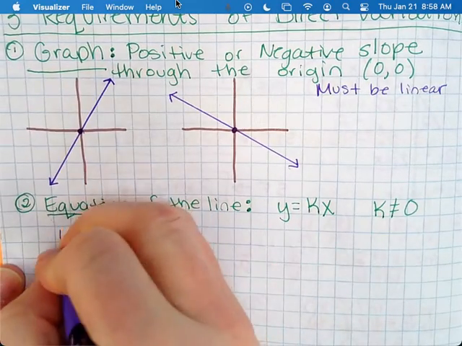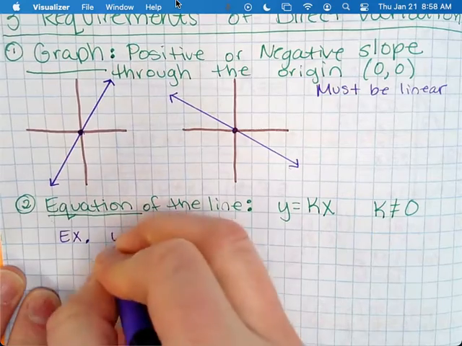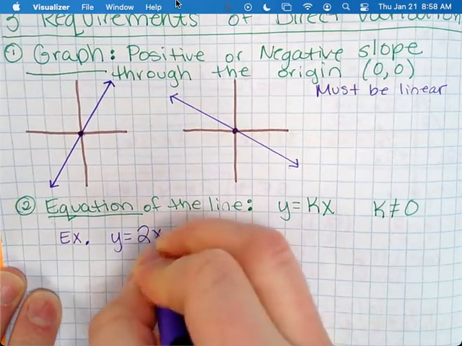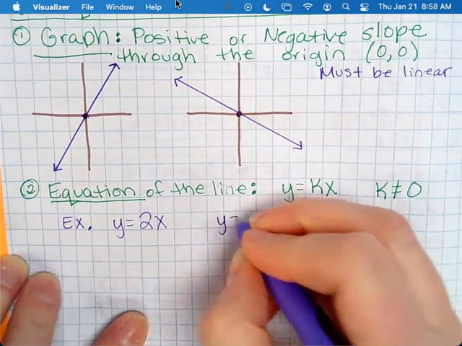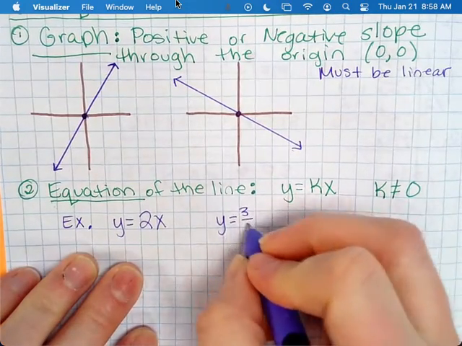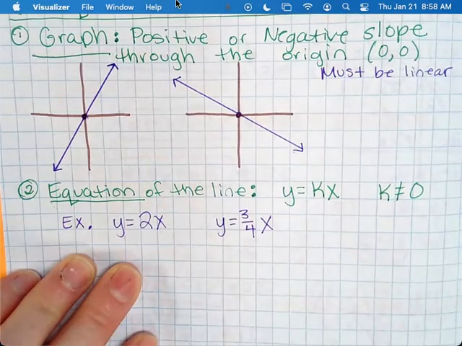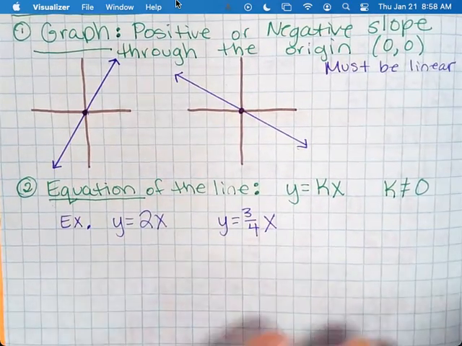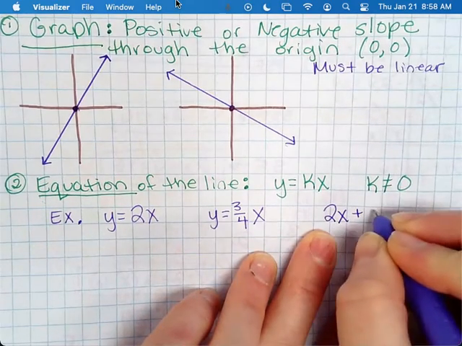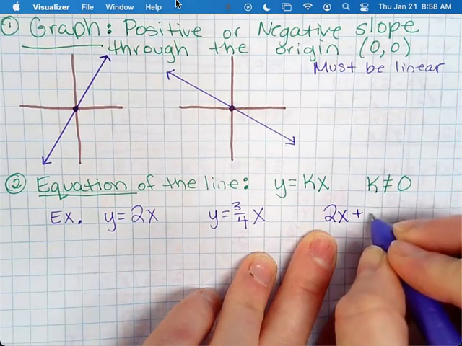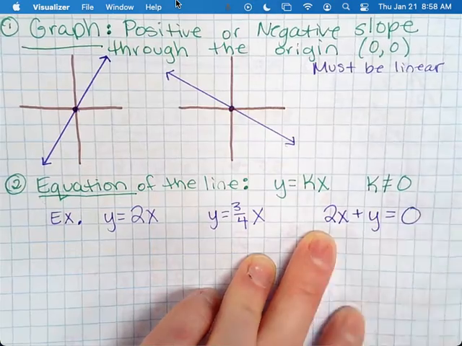So an example would be y equals 2x, y equals 3/4 x, or 2x plus y equals 0.